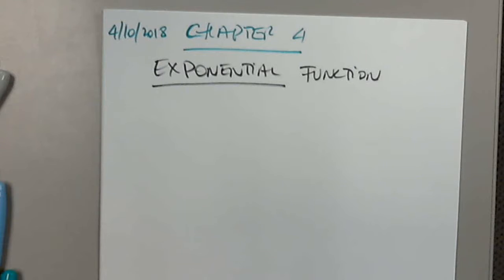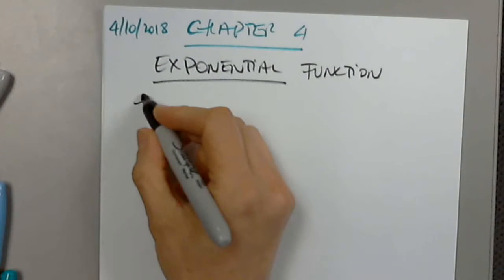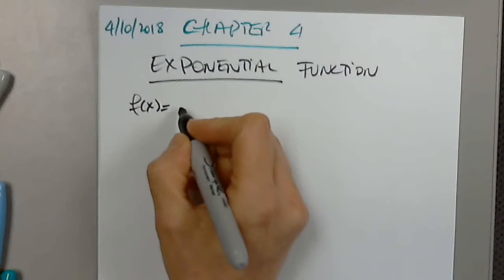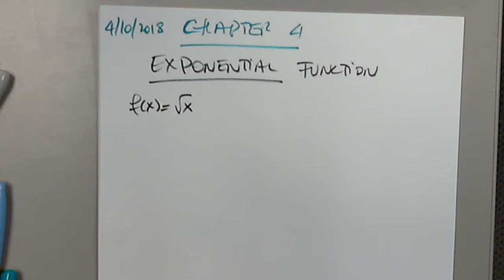Okay, ready? Can anyone name this function for us? What type of function is it? It cannot be exponential because it has a square root of x. It cannot be rational because it doesn't have a fraction.